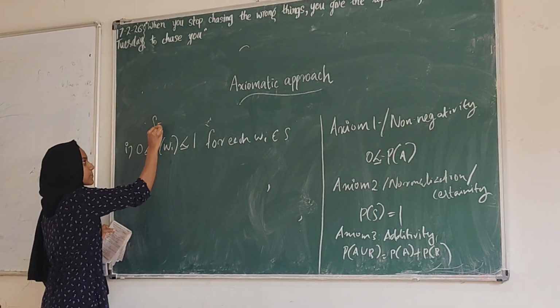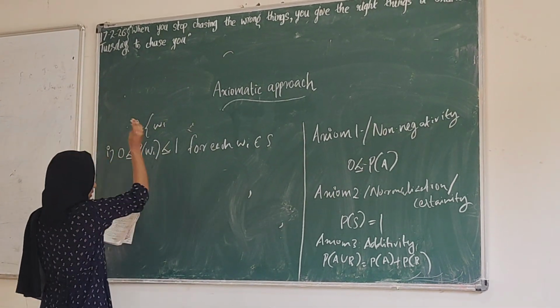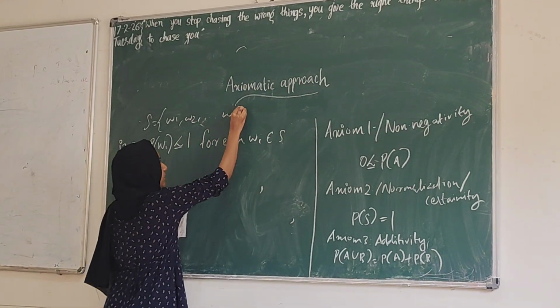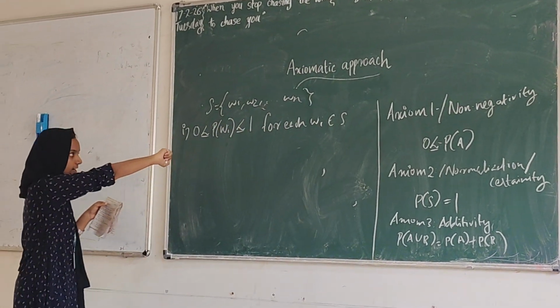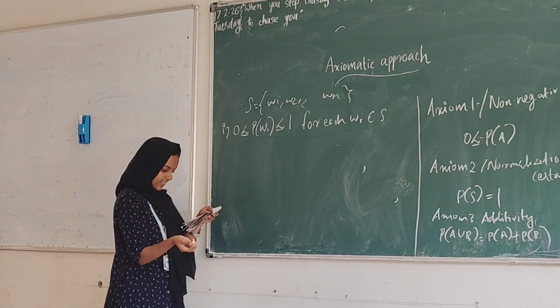That is, if the sample space is omega 1, omega 2, etc., omega n, and we consider a single sample point, then we can write like this.